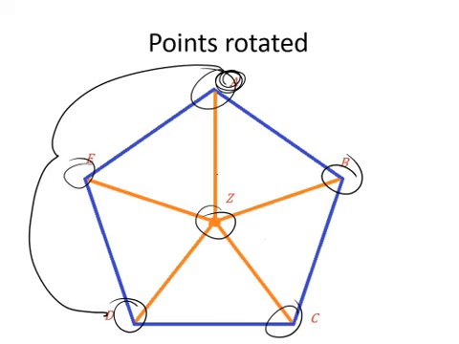That means A is now at D, D is at B, B is at E, E is at C, and C is at A. They've been rotated twice. If I rotate it only 72 degrees, it would only move one spot. So with the point of rotation, the center, in this case Z, I can rotate it a certain degree, and it's going to end up somewhere else.